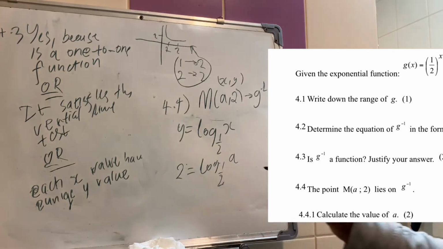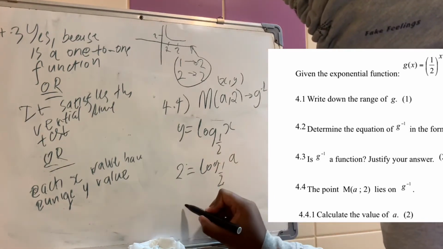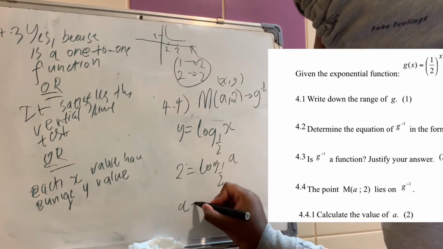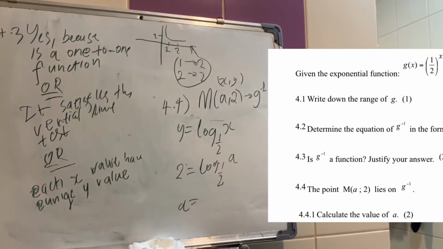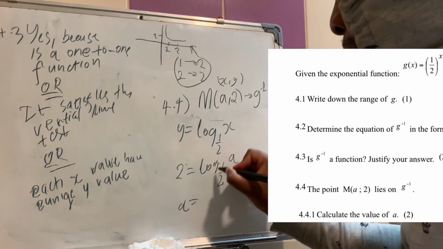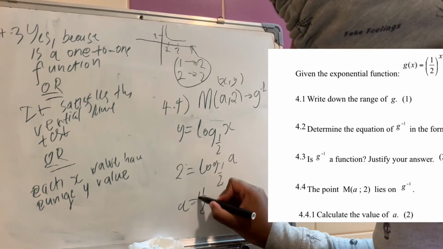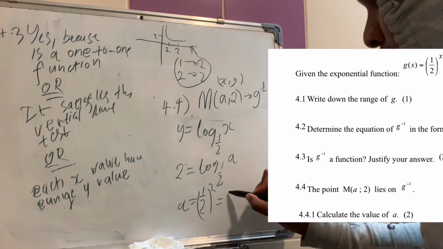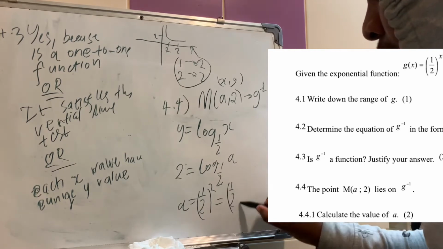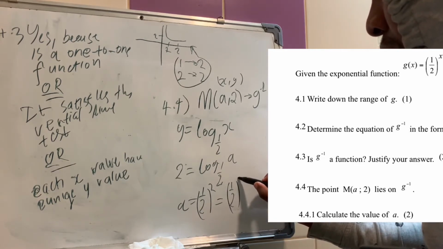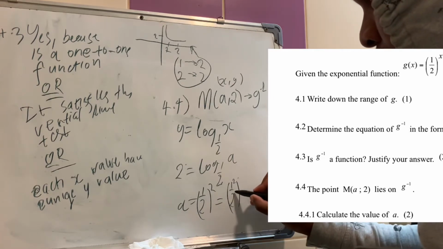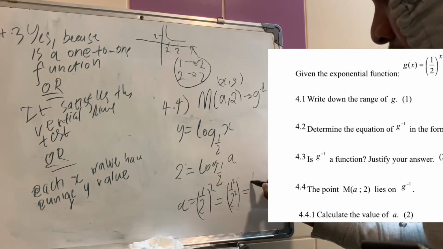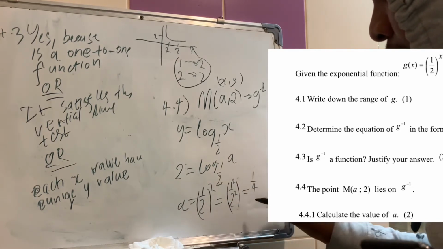Converting the logarithm to exponential form, A is equal to the base to the power 2, so A is equal to 1/2 to the power 2, which is going to be 1/4.